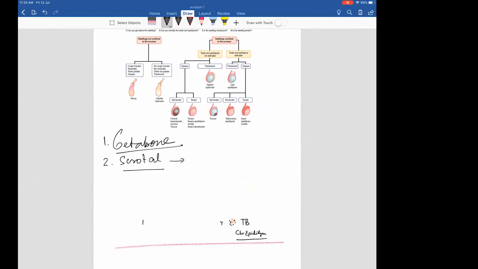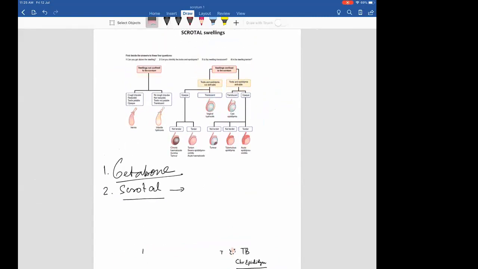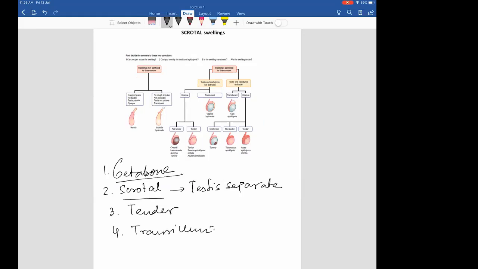The next thing, in step number 2, is, can you palpate the testes being separate from the swelling? If you can, then step number 3 is, is it tender? And step number 4, that is common to both, is, is it transilluminant? So please remember this one.